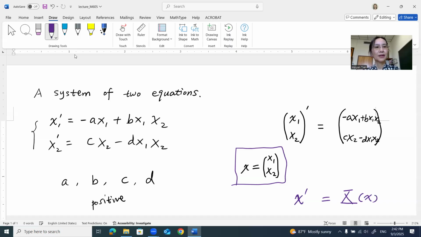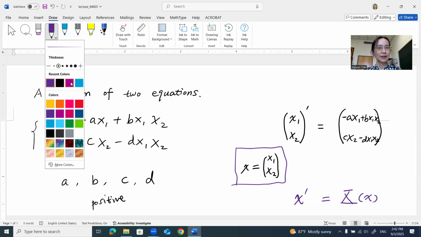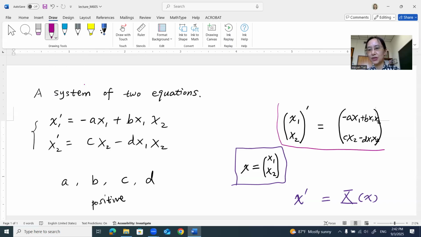Let's just see that this whole equation is represented as the derivative of a vector, the derivative of the x vector, right?